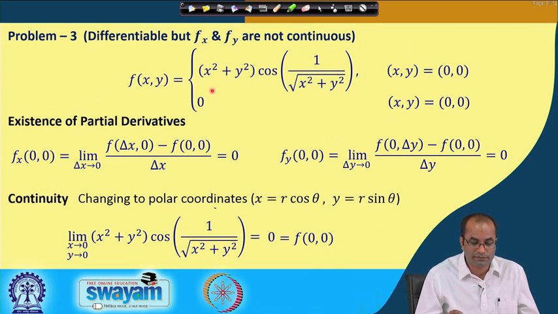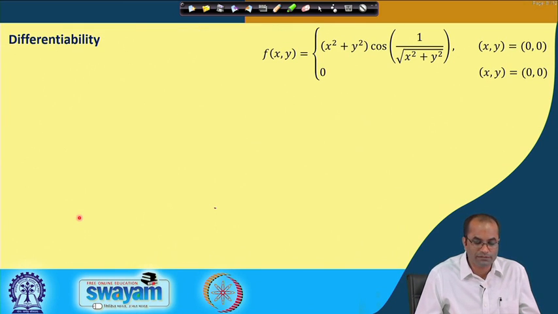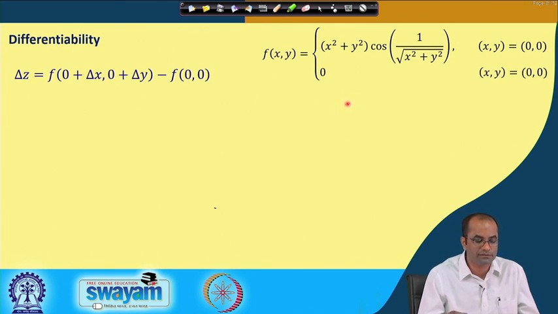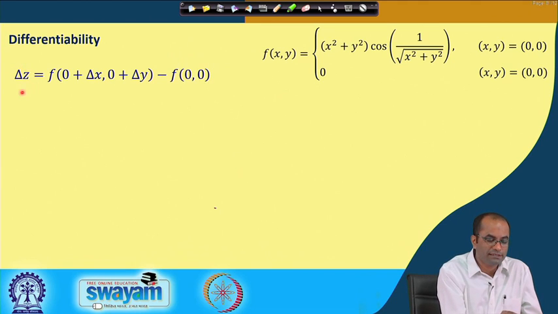So, we have seen that the function is continuous, and now coming to the differentiability of this function. We will take this Δz, by the direct definition, I mean Δz, the variation in z.